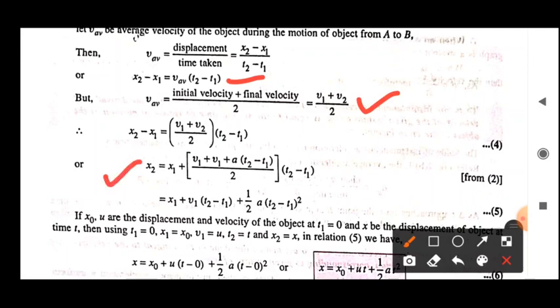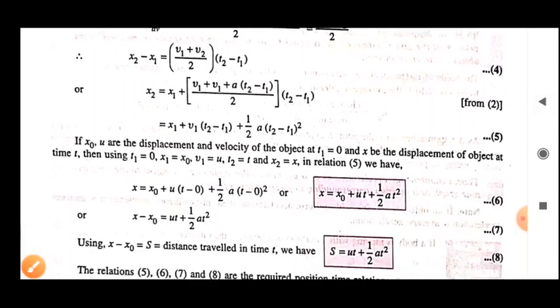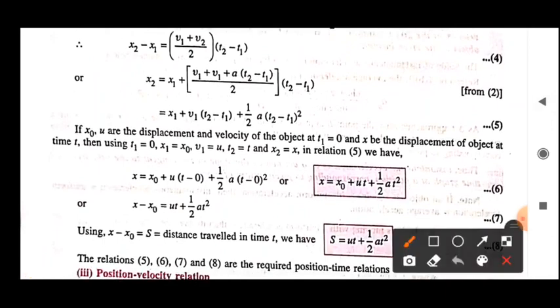This will be x1 plus this whole formula, and arranging it in a simpler manner, it will be x1 plus v1 (t2 minus t1) plus half A (t2 minus t1) whole square. Now let's impose the initial conditions again: t1 is 0, x1 becomes x0, v1 becomes u, t2 becomes t, x2 becomes x, and the equation will be in this way.